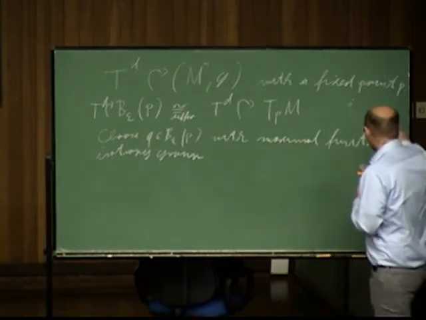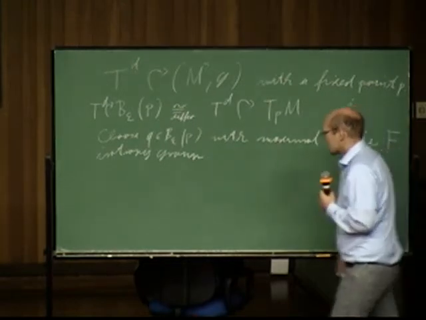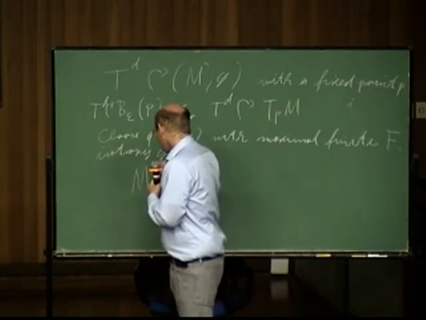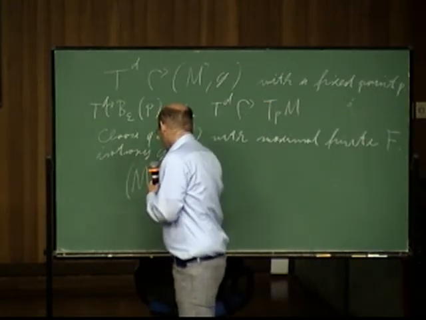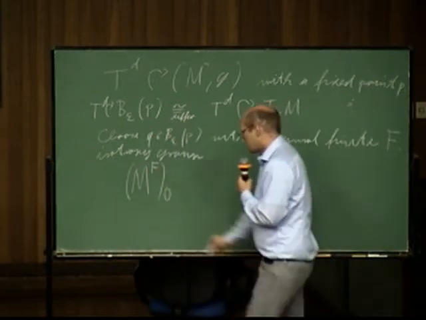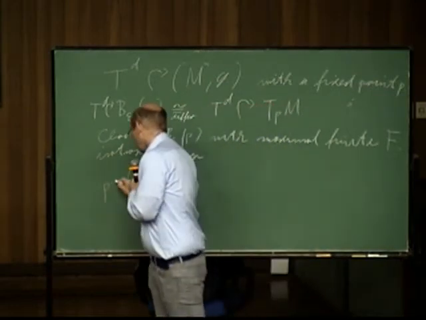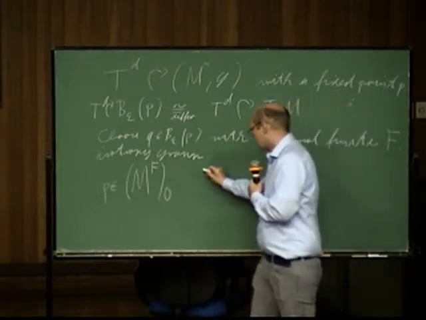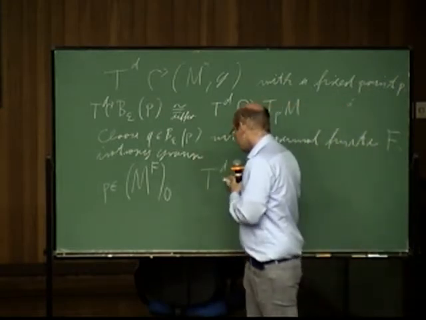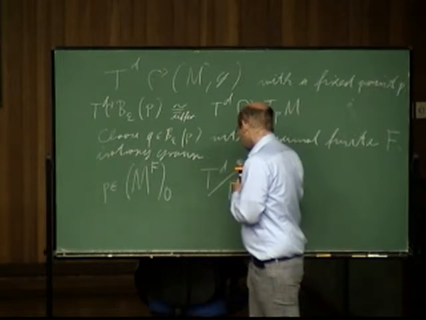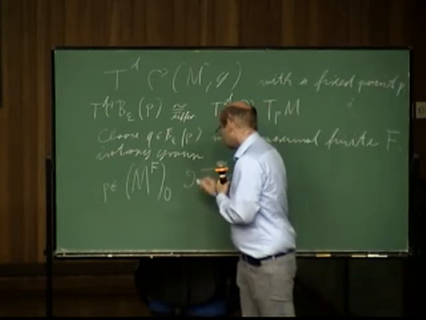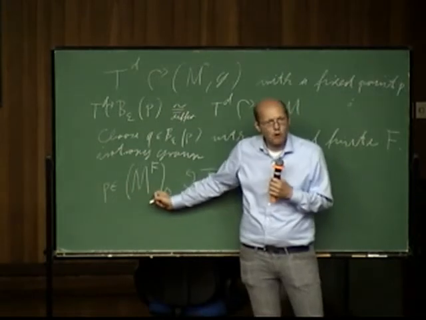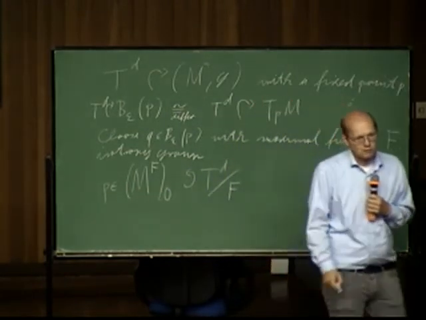So take the maximal finite isotropy group F, and now look at the fixed point set of F, the fixed point component containing this fixed point, right? Here, of course, you will have an action of a torus. And now in the neighborhood of this fixed point, there will be no finite isotropy group anymore, right?